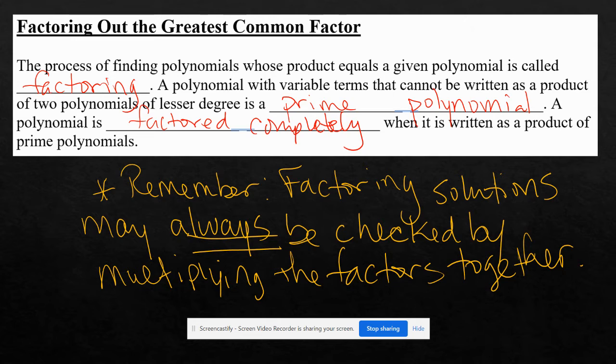So in R.3, we worked on multiplying polynomials. And so we can use that skill, multiply the factors together to see if we get the original polynomial that we factored, what we started with, back.